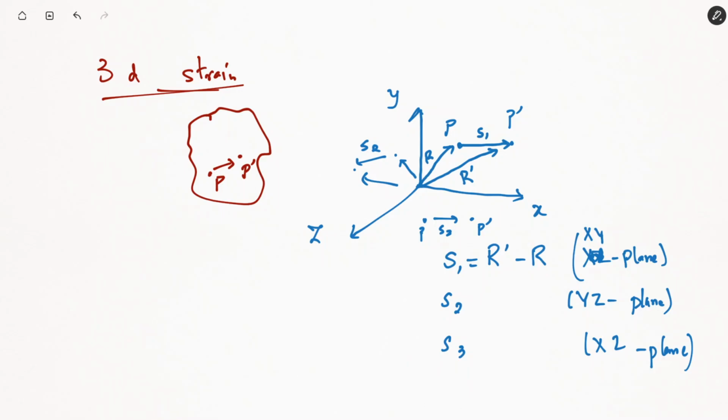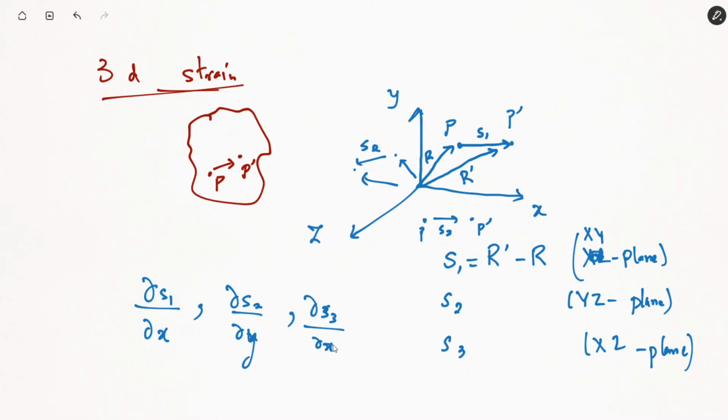We can say there are three different types of strains, ex, ey. Simply saying, there are three different strains: delta S1 by delta X, delta S2 by delta X, delta S3, without going into the coordinate geometry here.